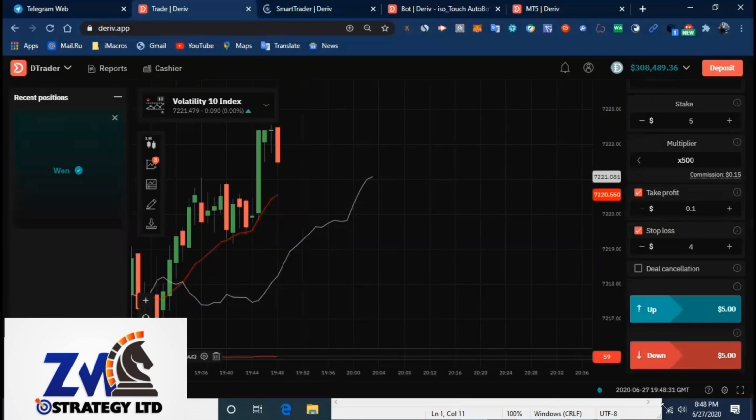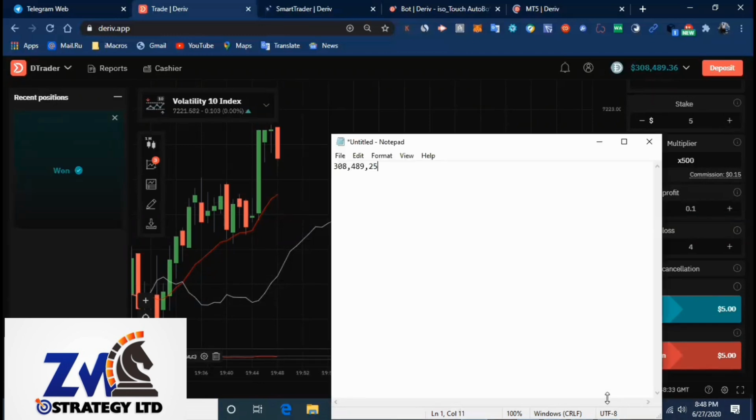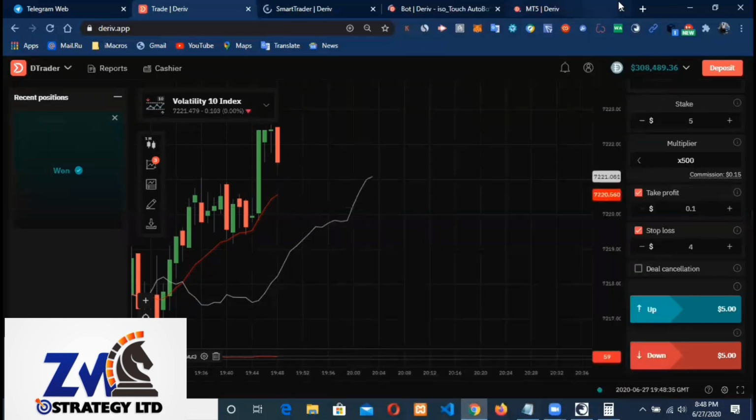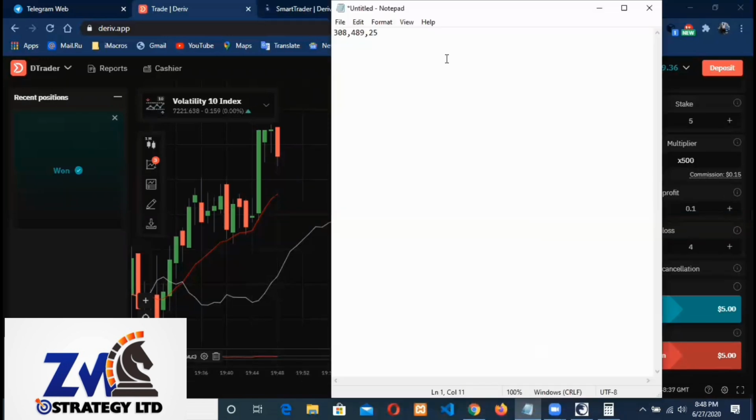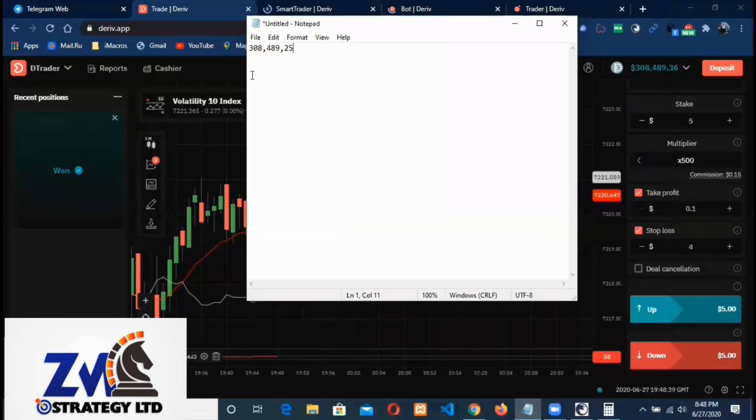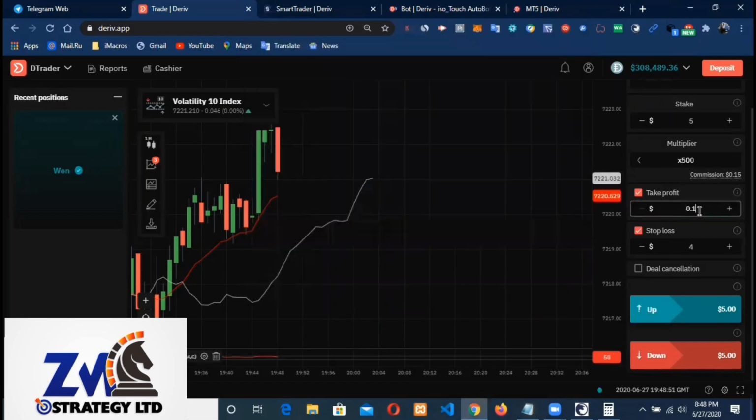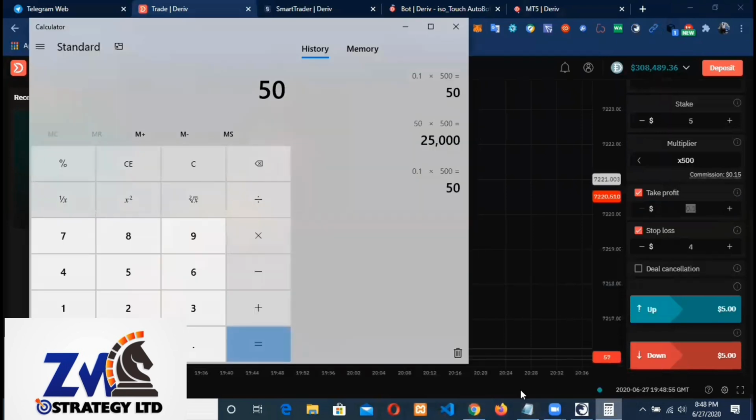Now let's see our notepad. Here you can see that we are having 308,489.25. Our targeted profit was supposed to be 0.1. That is our profit. But now if we are adding, let me clear this.